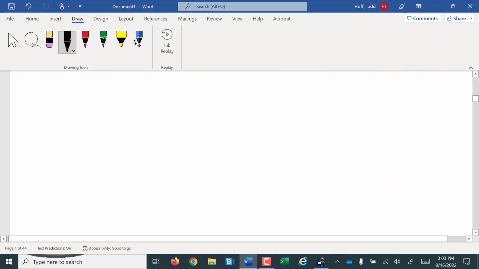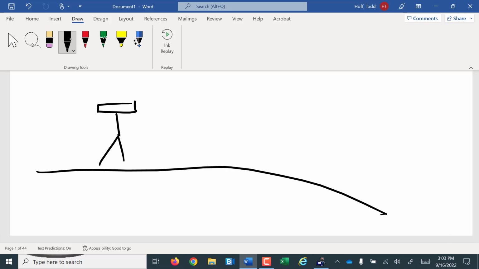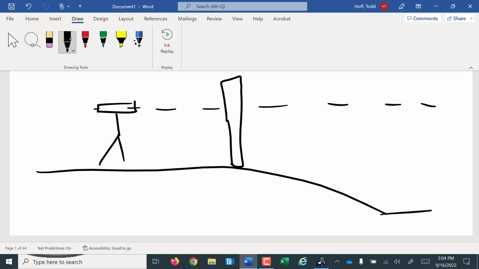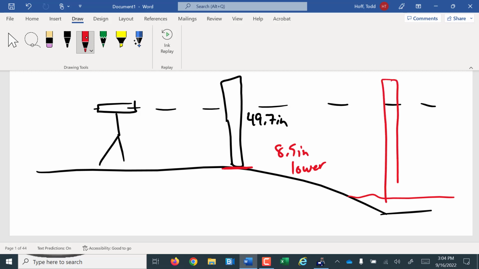So if I'm reading my transit, and I have a reference point here that is 49.7 inches, and I need to fill this in here so that it is 8.5 inches lower than this point, when I run my reading here, what's this going to have to read?